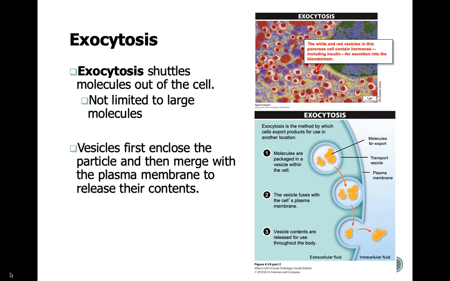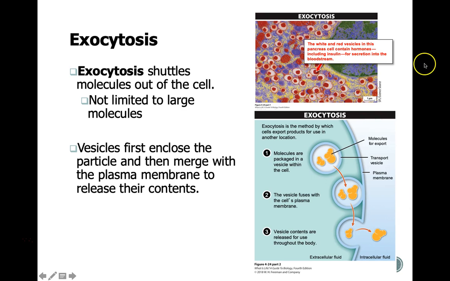So just like in endocytosis, we're going to utilize something called a vesicle, which is basically a little mini plasma membrane packet with whatever we want to move out of the cell. So that little vesicle encloses the particle that needs to be moved. And then in the reverse process of endocytosis, it merges with the plasma membrane and releases it on the other side.